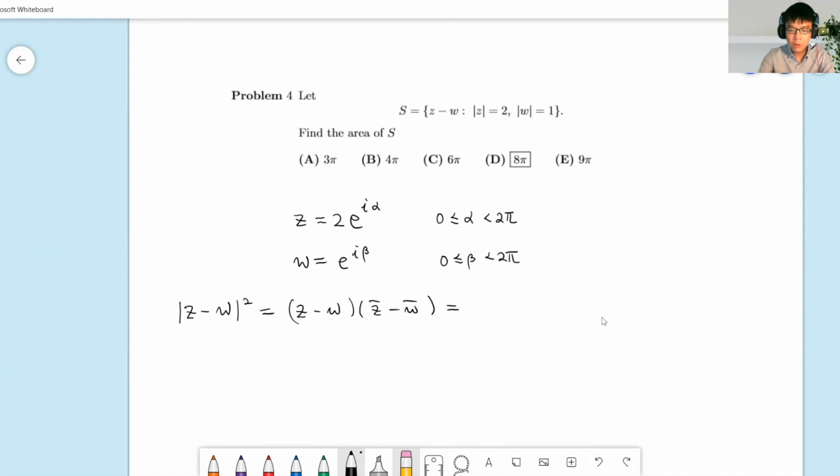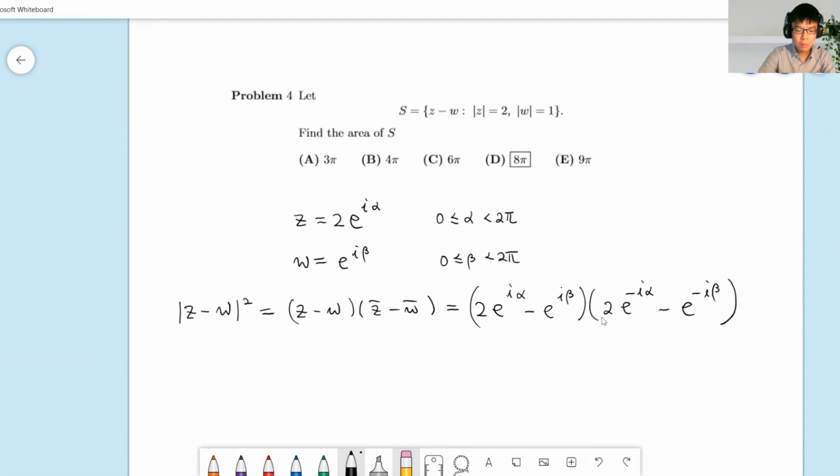So that corresponds to (2e^(i alpha) minus e^(i beta)) times its conjugate, (2e^(minus i alpha) minus e^(minus i beta)).